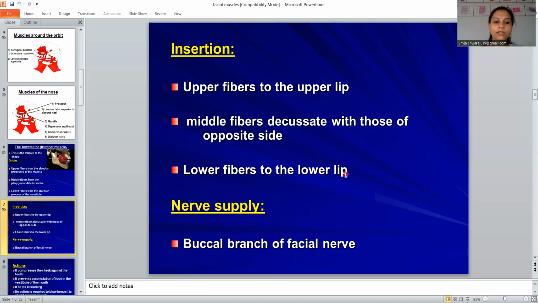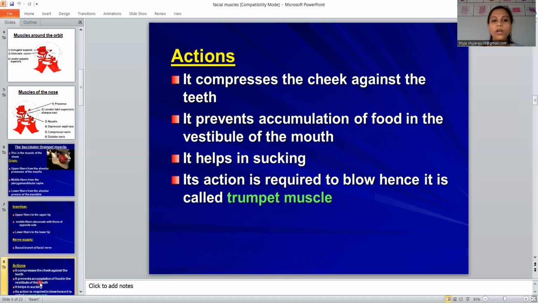Now the supply is a branch from the facial nerve. It is called the buccal branch of the facial nerve. So what is its action? It compresses the cheek against the teeth. It prevents the accumulation of food in the vestibule of the mouth. It helps in sucking. Its action is required to blow. Hence, it is called the trumpet muscle.